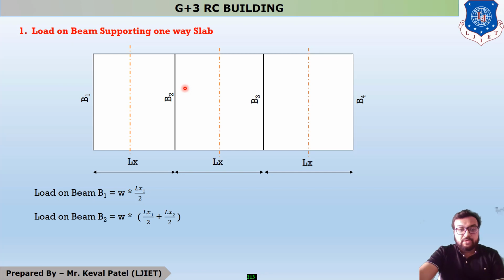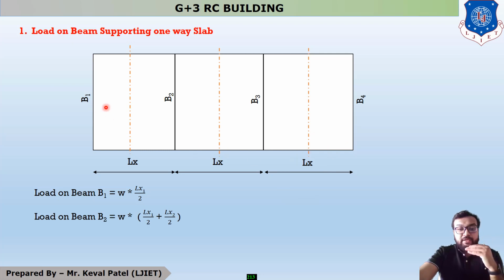Now the length is different over here. Say for example, this is Lx1, this is Lx2 and this is Lx3.